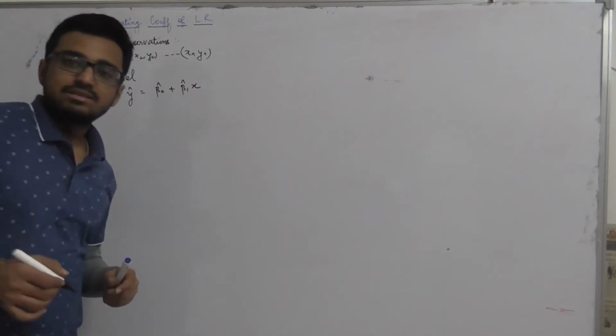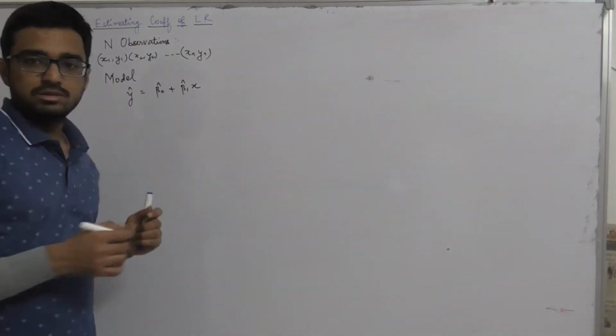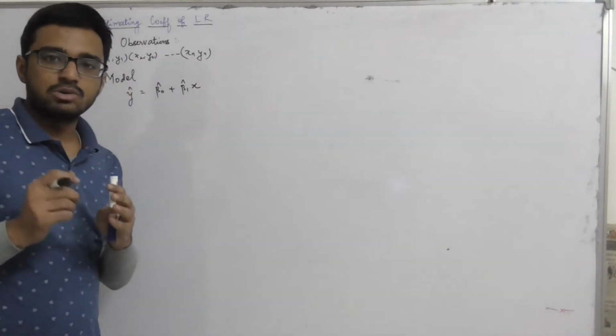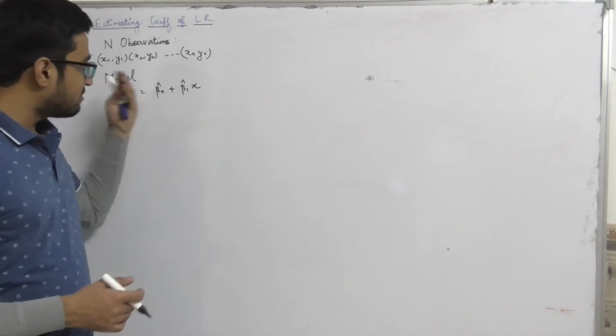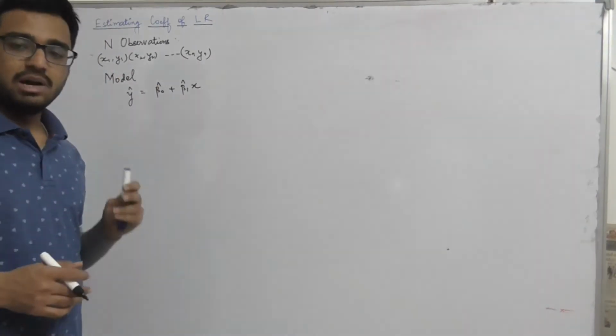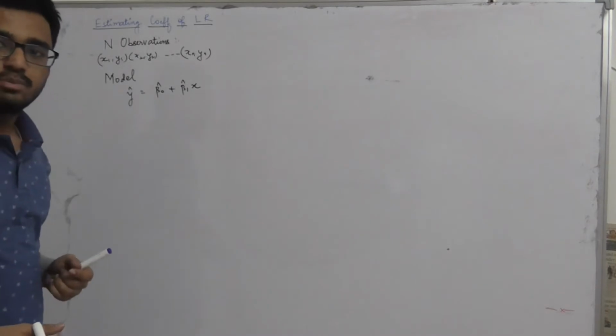Now the question arises that we have to find these coefficients, but we need some restrictions on how we can find beta naught and beta 1 cap. So let us first define the problem.